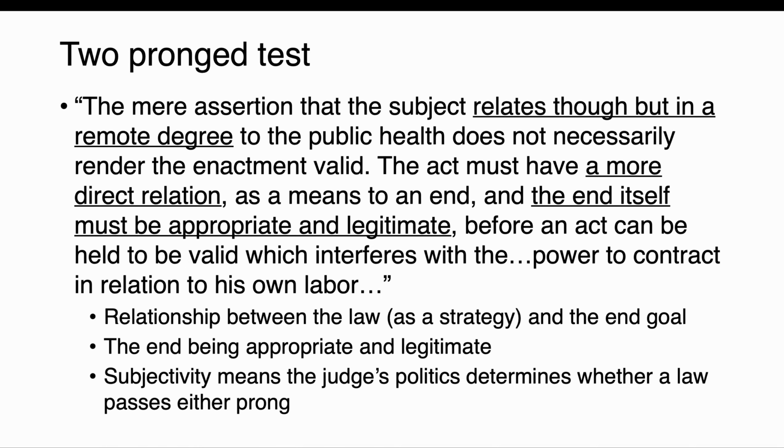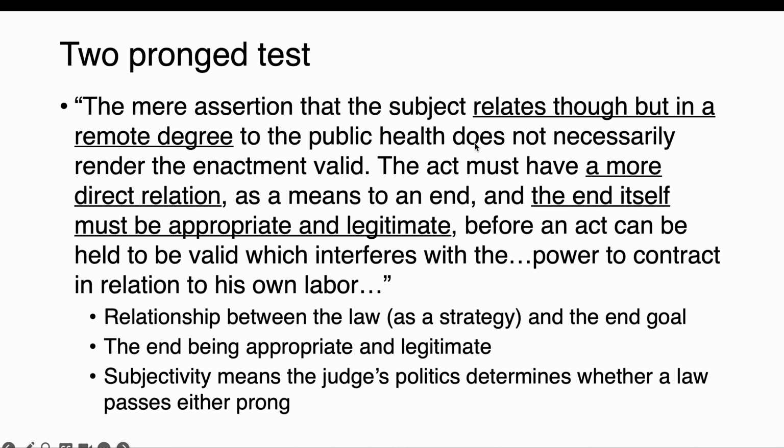So here's where we get Peckham's test, the criteria he's going to apply to conclude that this law must be struck down. What he says is, "The mere assertion that the subject relates, though but in a remote degree, to the public health does not necessarily render the enactment valid." In other words, just the government going to court and blurting out that the law, at least to some extent, helps the public health, that's not good enough.